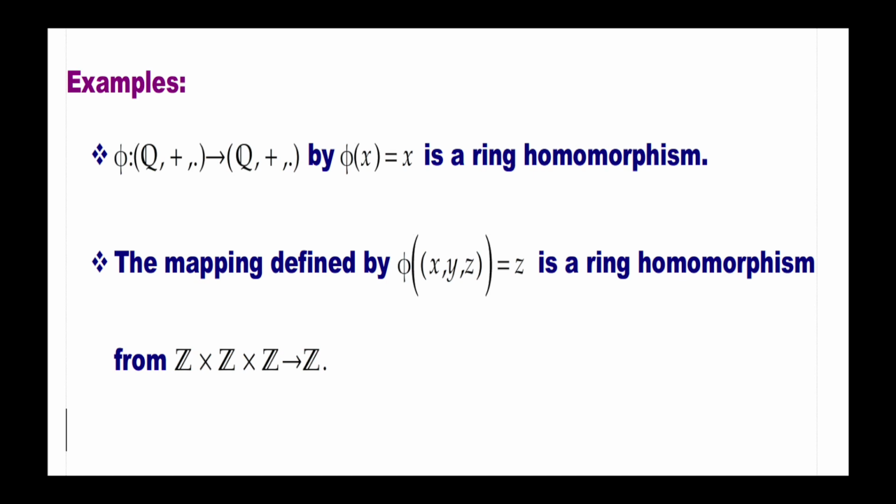The mapping defined by φ(x, y, z) = z is a ring homomorphism from Z × Z × Z to Z. A useful observation to make is that if we totally ignore the multiplications in both the rings, a homomorphism of R into R' is at least a homomorphism where we consider them as abelian groups under their respective additions. Therefore, as far as addition is concerned, all the properties about homomorphisms of groups carry over.